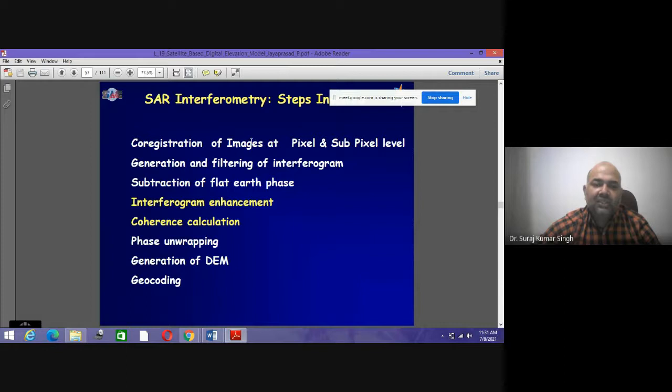The steps when you are going for SAR interferometry are: coregistration of images at pixel and subpixel level, generation and filtering of the interferogram, subtraction of the flat earth phase, interferogram enhancement, coherence calculation, phase unwrapping, generation of digital elevation models, and geocoding.